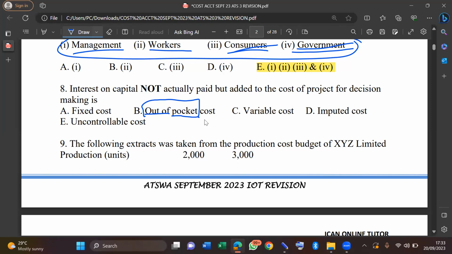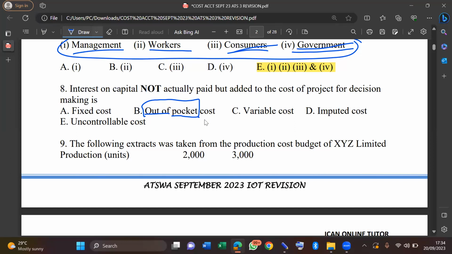Do we get that, everyone? When you make a payment with your own money, without thinking whether it will be paid back to you or not, we call it out of pocket.